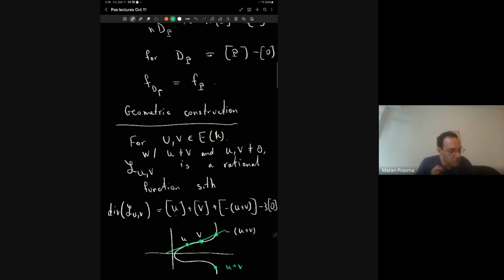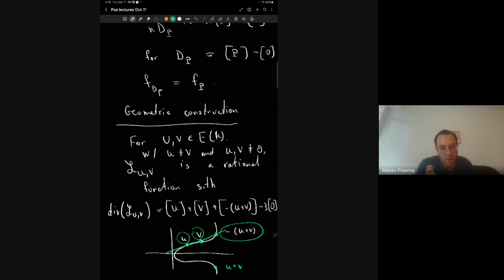Well, I need to count the number of zeros and the number of poles. So how many zeros does this line have? It has a 0 at U, it has a 0 at V, and it has a 0 at minus U plus V. Because it's a line and the elliptic curve is a degree 3 curve, it can only have at most 3 zeros.